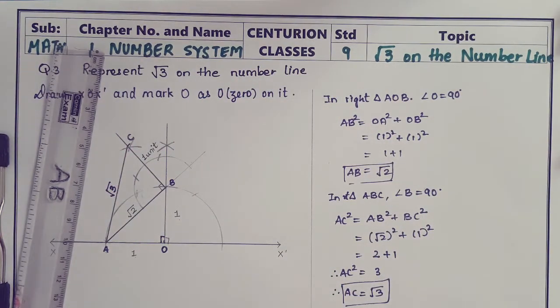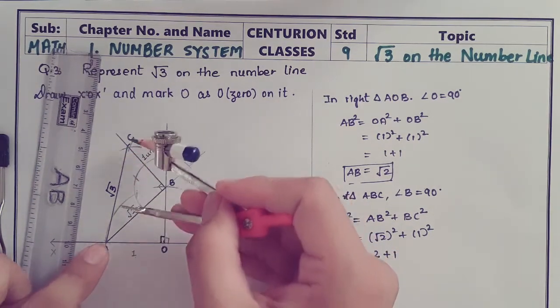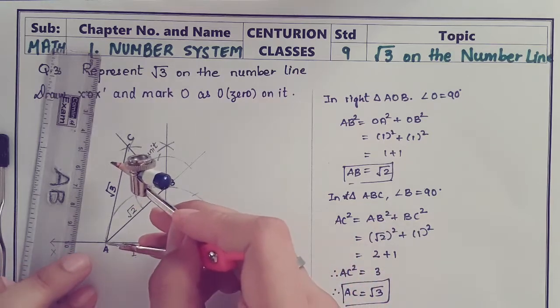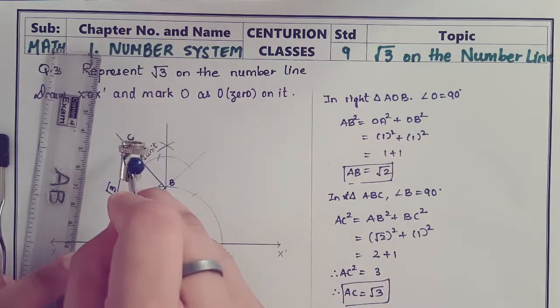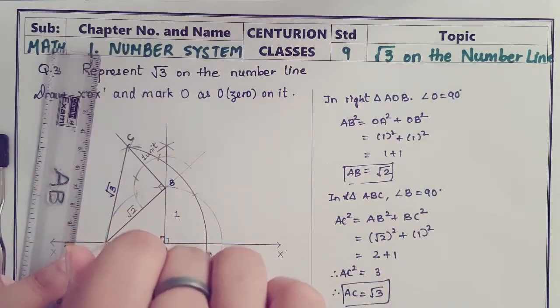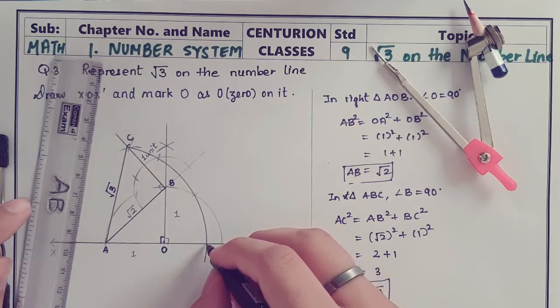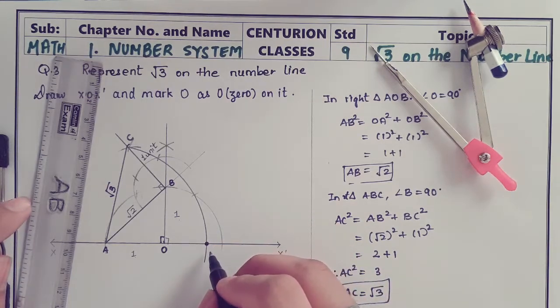Our next job is, if you want to plot this measurement on the number line, we'll take it like this, put it on A and C, and then this point is root 3.